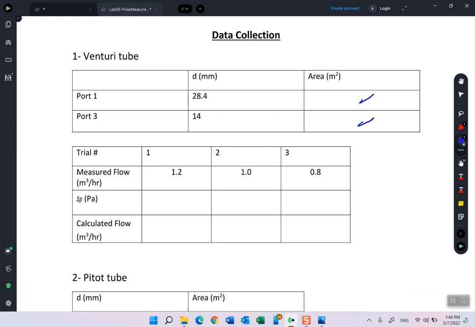The only thing I want to remind you is the diameter is in millimeter. This is a very small tube, and the area here is in meter square. So don't forget to convert from millimeter to meter. Don't forget to do this conversion.